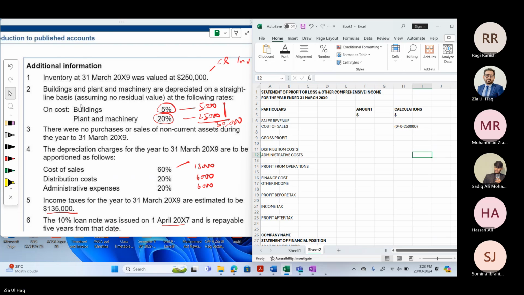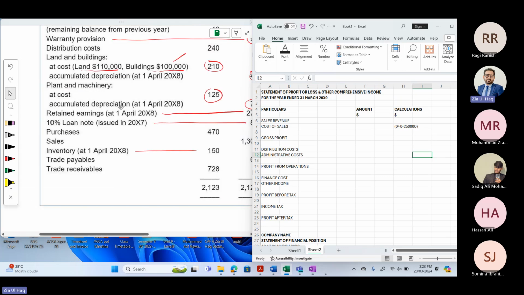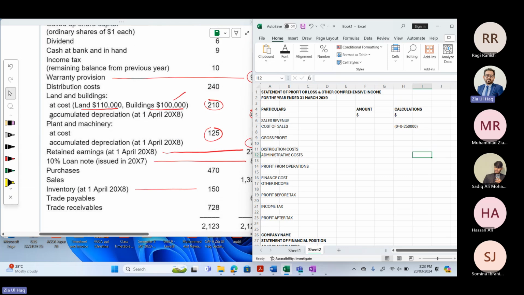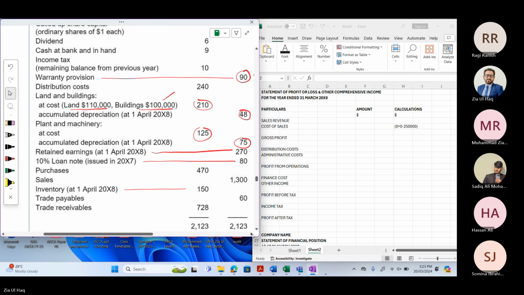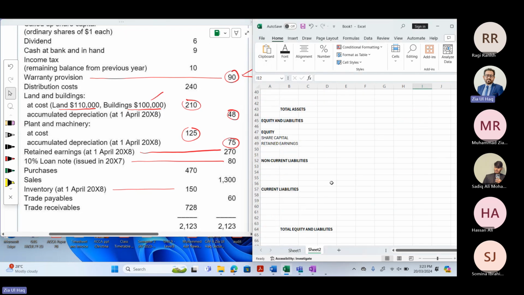Done. Now moving towards adjustment 2 relating to depreciation. And this is relating to fixed assets, non-current assets that are land and building and plant and machinery here. For this, we can prepare notes. Where? Under here.